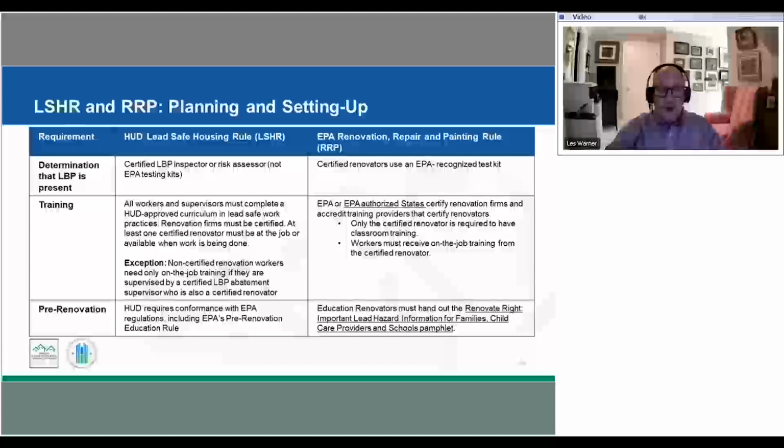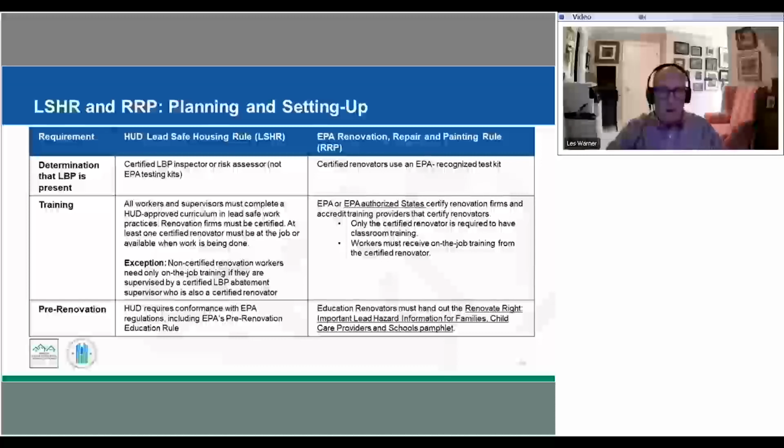On the evaluation process, it requires either a lead-based paint inspector or a risk assessor, whereas the EPA rule is less stringent and will allow a certified renovator to use a test kit, essentially a little dabber which turns color to indicate the presence of lead. That's not allowable under the Lead Safe Housing Rule, where paint testing or risk assessment is required.